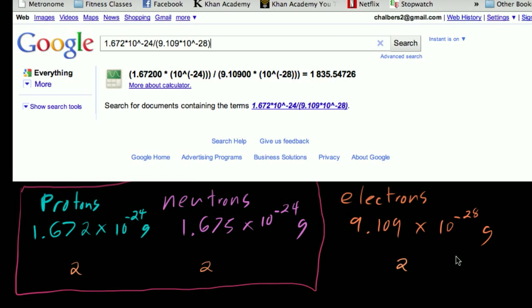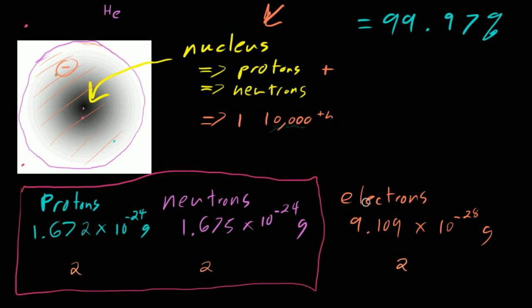So what we're going to see in this video is that the way the masses of atoms are thought about and kept track of only considers the mass of the protons and the neutrons. We're not going to worry about the mass of the electrons, because the protons and neutrons are so much more massive.